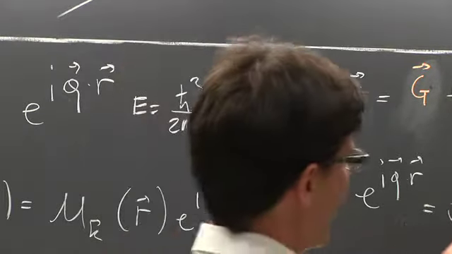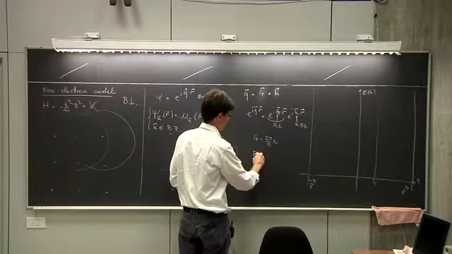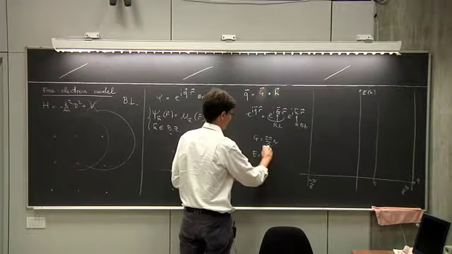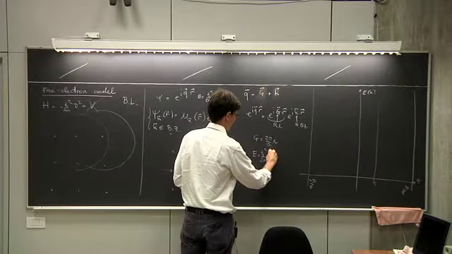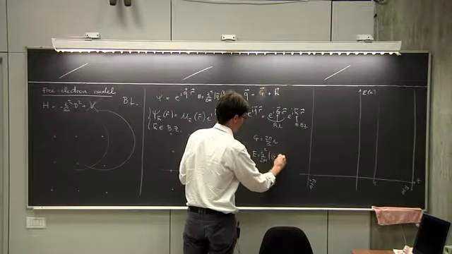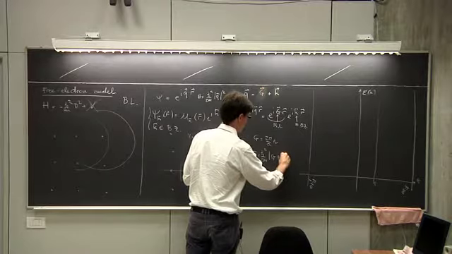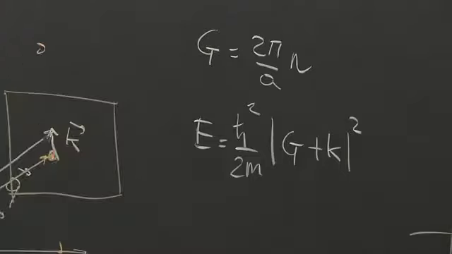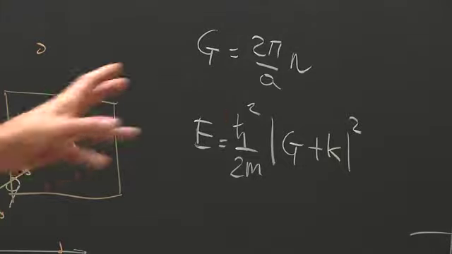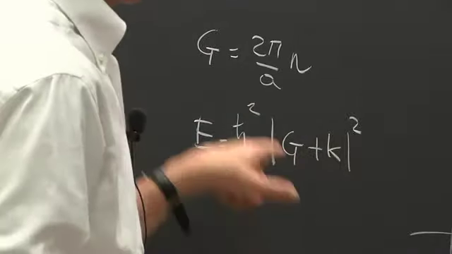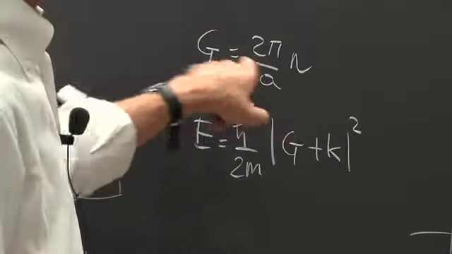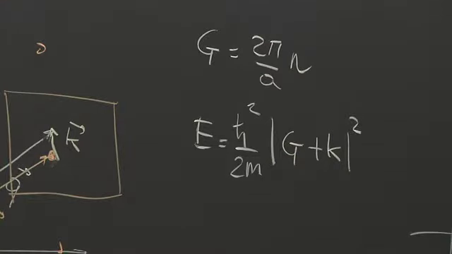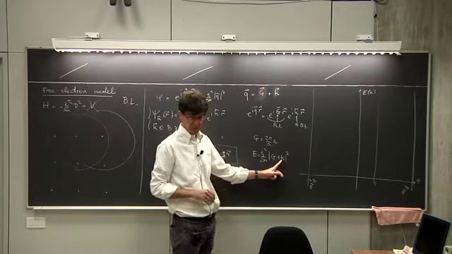Which means the energy, if I write it in this form, in one dimension, will be ħ squared over 2m (G plus k) squared. I'm removing the vector notation because we're in one dimension. And G can take these values, 2π over a times n. And I fix k. So k is fixed.